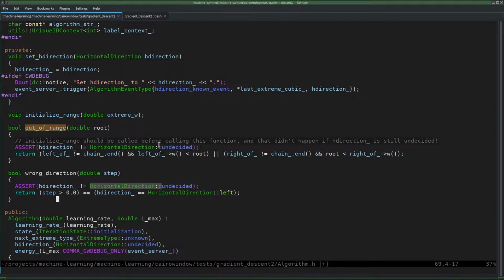So if step is positive, then we add to the W value and we go to the right. So this larger than 0 means we go to the right. But if we should go to the left, then that is wrong.